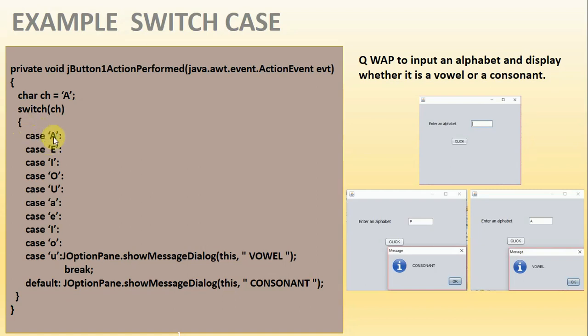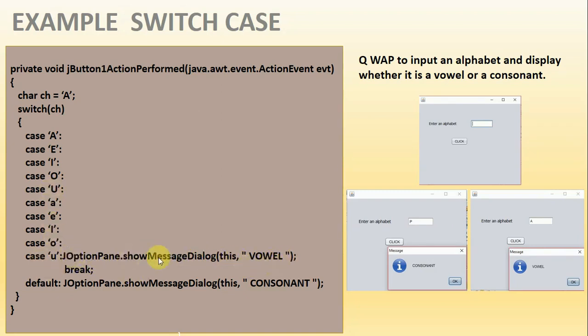Now for case A, case E, case I, case O, case U, case small a, case small e, case small i, case small o, and case small u, for all these cases I have to write vowel. So instead of writing separate statements for all these cases, this is a shortened method: after the last case, I will write J option pane dot show message dialog this comma vowel.